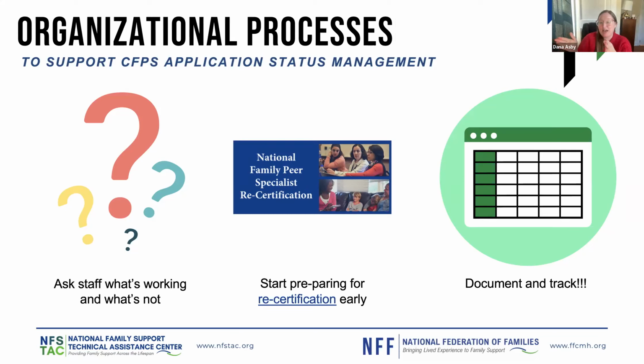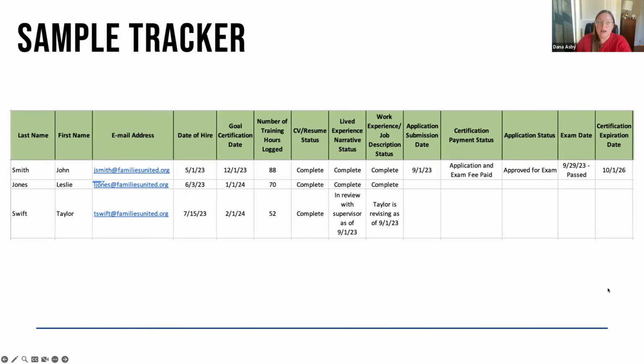And then for you as a leader of a family-run organization, it's important for you to keep track of where everybody is. So I've got this spreadsheet that I'm going to send you as a sample tracker that you can change to fit your needs. But these are some of the key things to keep in mind as you're keeping track of everybody. So having their names and emails, and thinking about when they got hired.